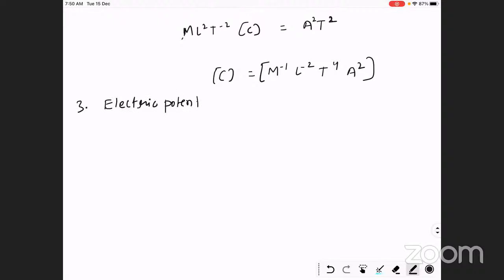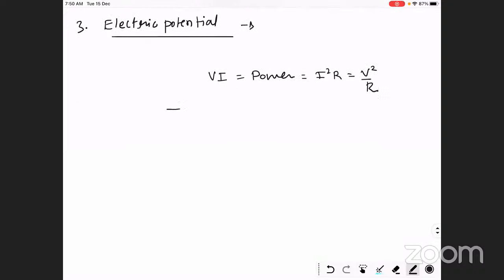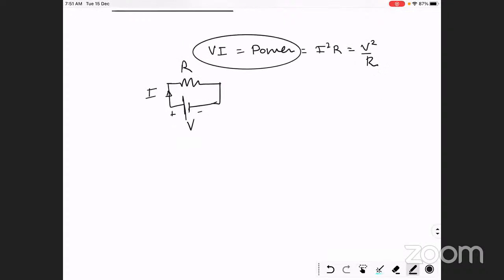The next is electric potential, or potential of a battery. The easiest way to find the dimensional formula of potential is VI is equal to power. See, you have different formulas for power: I square R, VI, and V square by R. There are three formulas to represent power, consumed in an electrical circuit in which current I is flowing with the help of a battery of potential V. I think this is the fastest way to find the dimensional formula of potential.